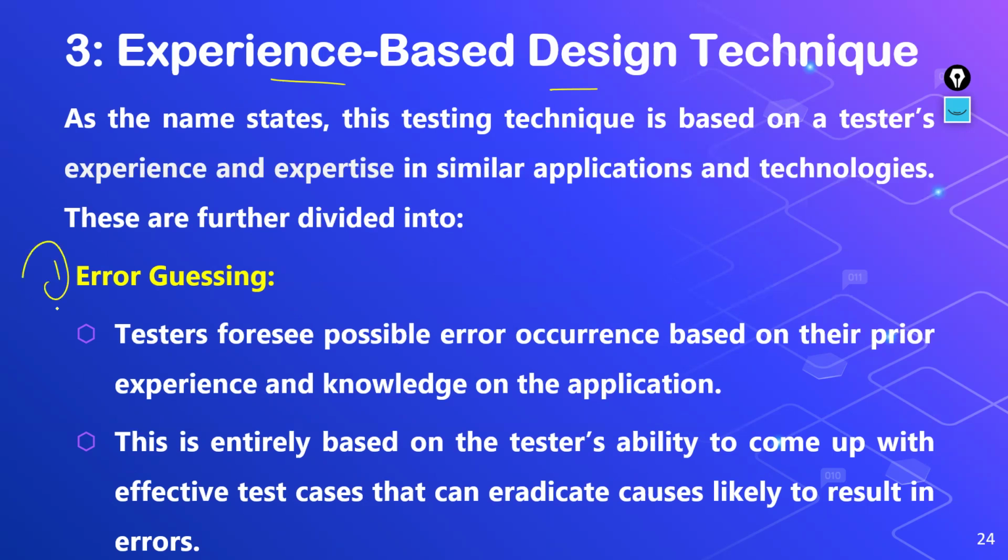The first technique they use is error guessing. Since they have years of experience, they can foresee those errors. They can say, okay, if this is the place, then there will be multiple errors which could be there.